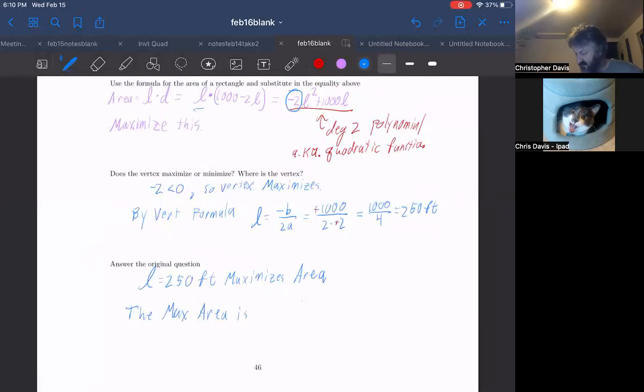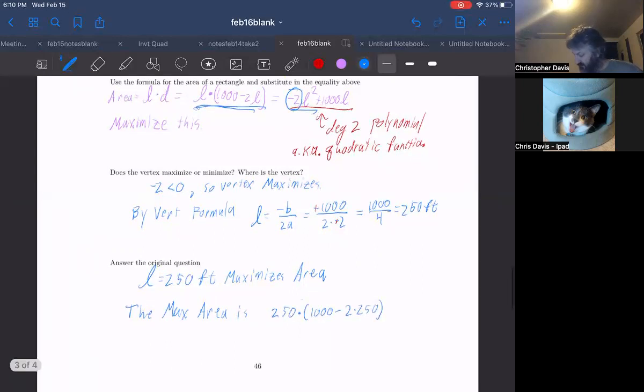I think this form looks easier to plug 250 into. The maximum area is 250 times (1,000 minus 2 times 250), so this is equal to that, and I could use either one. Let's evaluate that. This is 500. 1,000 minus 500 is 500.